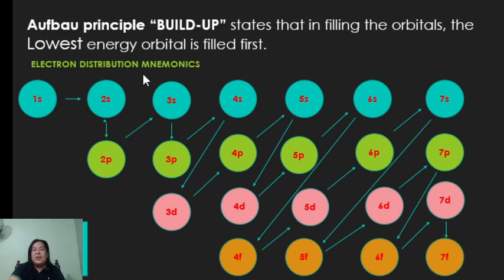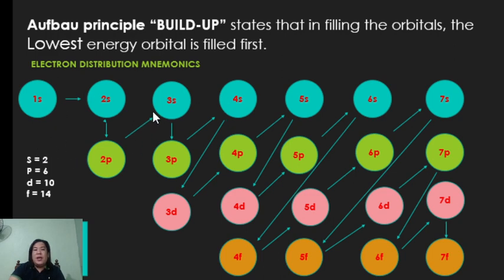In assigning electrons in each sublevel, the sublevels are SPDF. S stands for sharp, P for principal, D for diffuse, and F for fundamental.